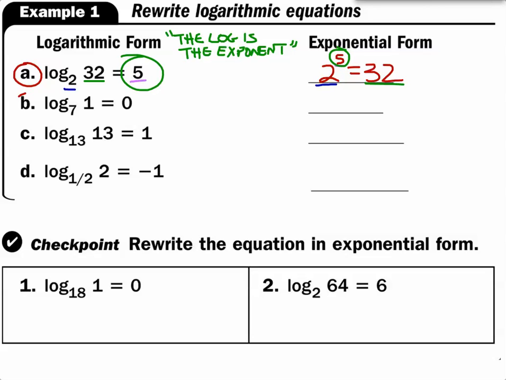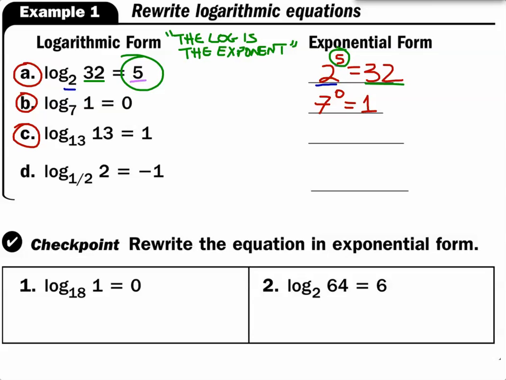On part B, log base 7 of 1 equals 0. That is because 7 to the 0 equals 1. Again, the thing on the other side of the equal sign in the log form becomes the exponent. Part C, log base 13 of 13 equals 1.